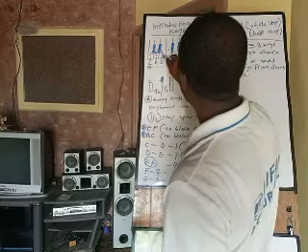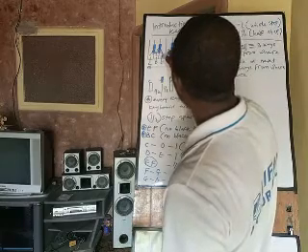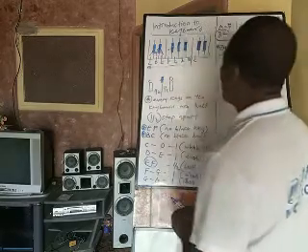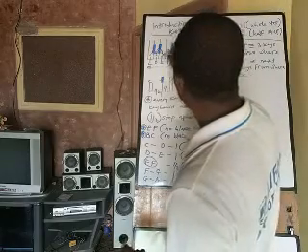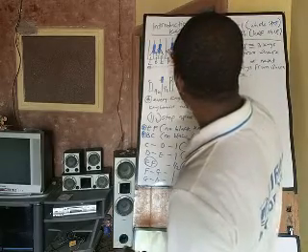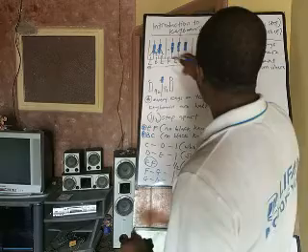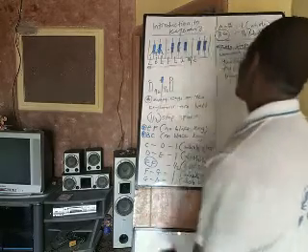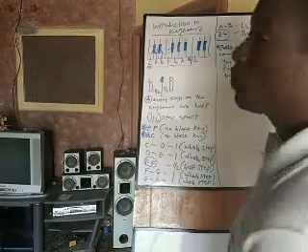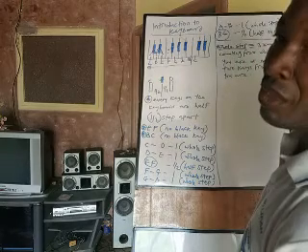If I'm in E now, let's make a whole step. Where will it land us? A whole step, counting from E: 1, 2, 3. F. Not F, F sharp. F sharp. Are you getting it now?